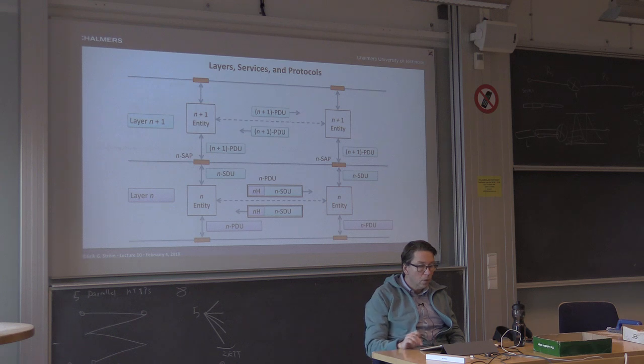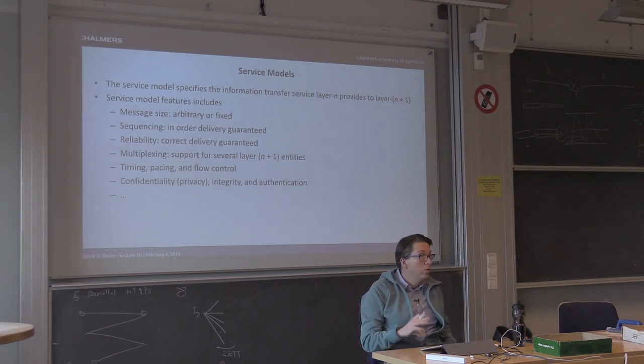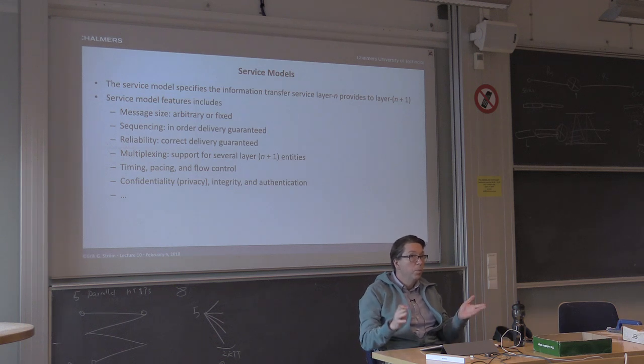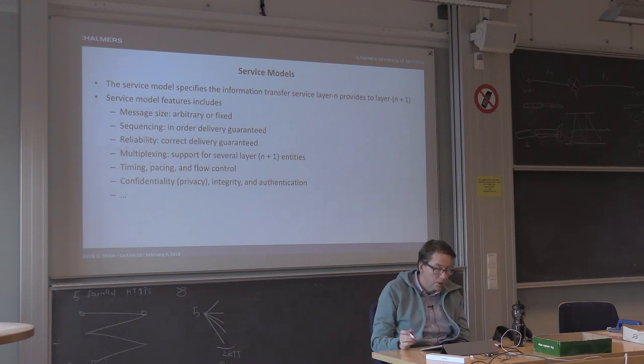Okay, so services come in many shapes and forms, and how to specify them and to say what properties they have is a big topic in itself. So some of these properties that are listed here are important, and they're also known under certain other names. But this is the terminology which is used in the textbook in this course, so let's use that.